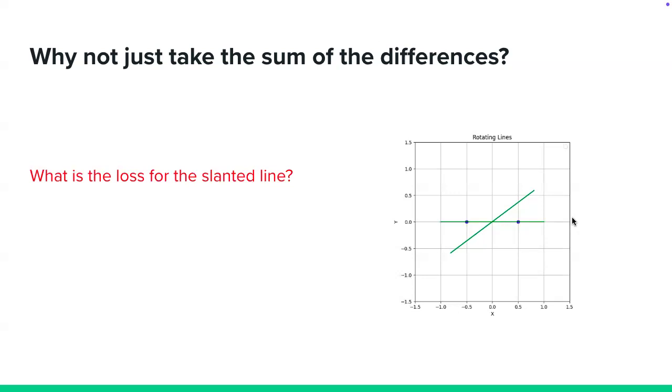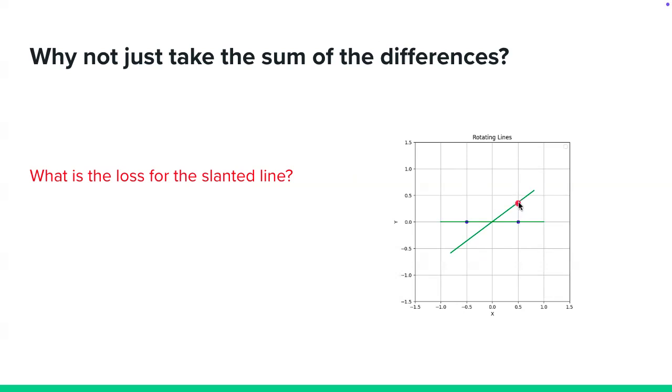Sorry, louder? Yes, the loss is 0. For those of you who might be a little confused, the reason why it is 0 is because we take the difference between the predicted value and the actual value.